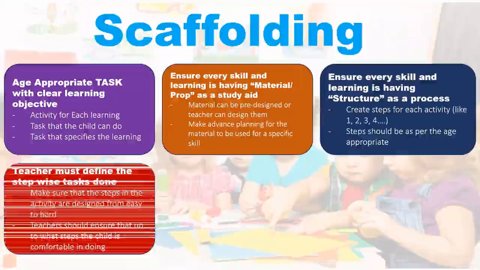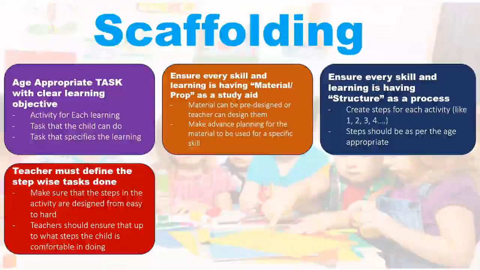The fourth part of scaffolding, which is very important for us to understand, is the stepwise task. It must be designed from easy to hard. It cannot be designed haphazardly, or from hard to easy. Why has it to be done in that way?